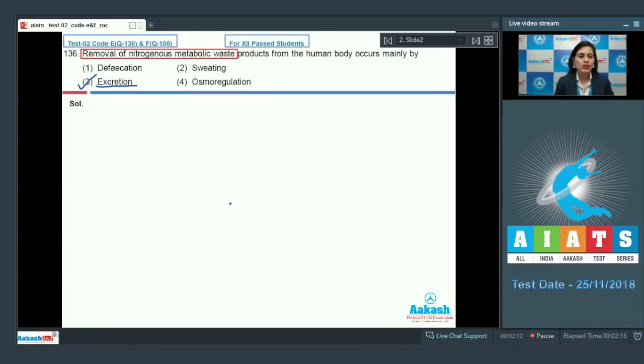Let's discuss other options also. The very first option is defecation, and this is an incorrect option because defecation is the removal of undigested and unabsorbed food material.